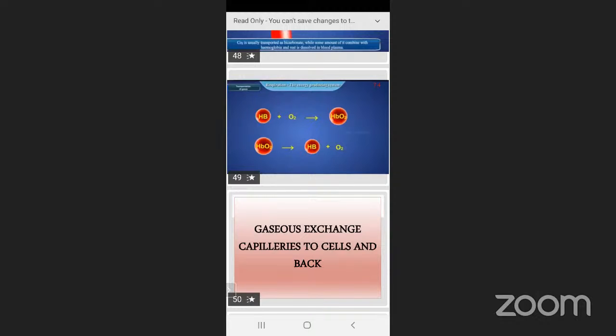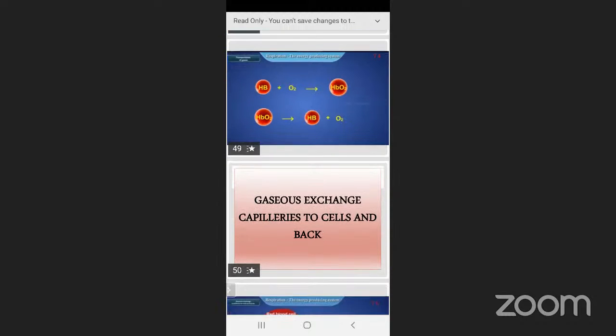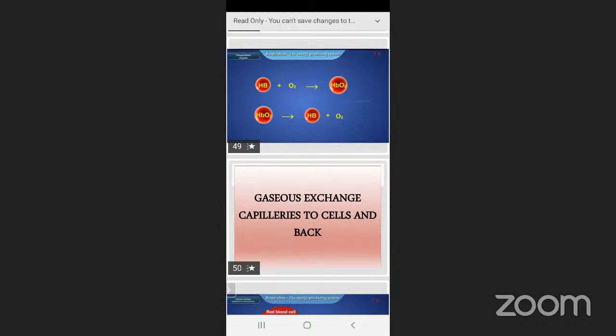When this blood reaches the tissue, the hemoglobin is with oxygen, HbO2. From that HbO2, Hb and O2 are divided. Then O2 will be supplied to the cell for the respiration process, and carbon dioxide will be released, and water and energy are also produced.